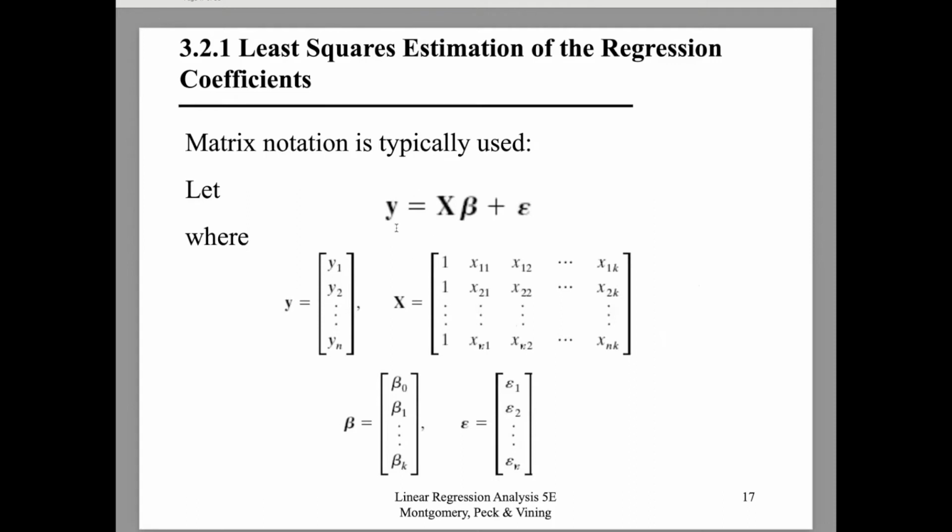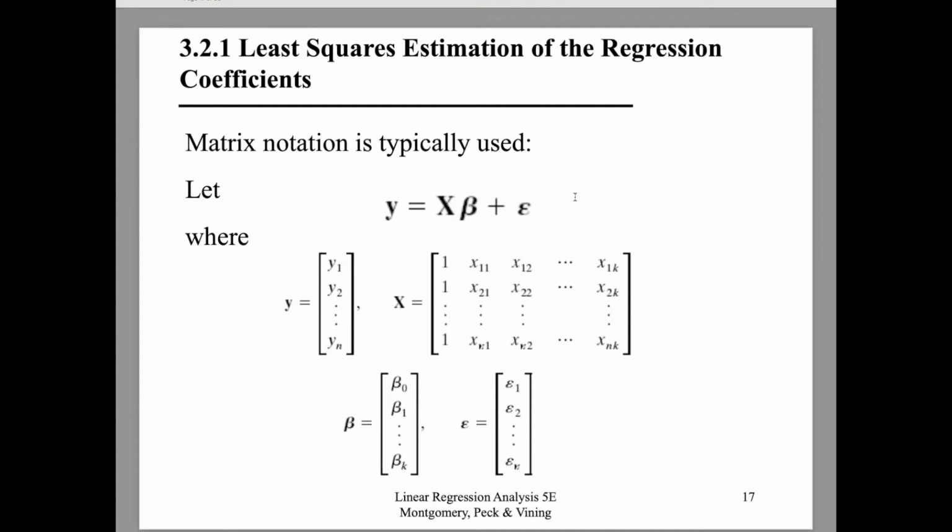So a bold y, that's a vector of responses, equal to X times beta plus epsilon, X being the design matrix, that is an n by k plus 1 matrix. Bold beta is a k plus 1 by 1 vector of parameters, and these are unknown, they've got to be estimated. And then bold epsilon is an n by 1 vector of residuals that is unobserved, and at some point we would want to estimate those error terms.